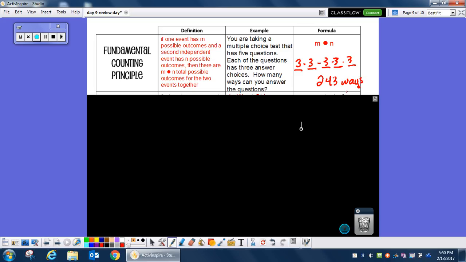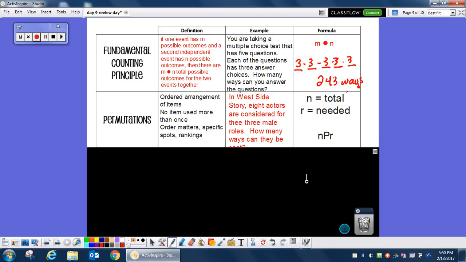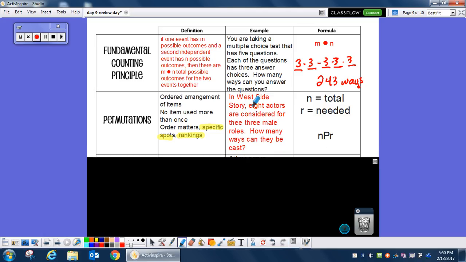All right, so permutations are an ordered arrangement of items. No items are used more than once, and this is for specific spots, places, rankings. A lot of these are the president, vice president, secretary type problems. I put this as a permutation because a lot of you don't really figure it out.